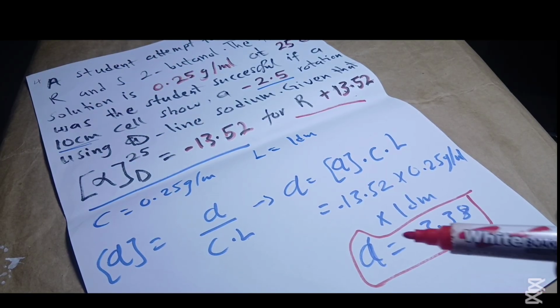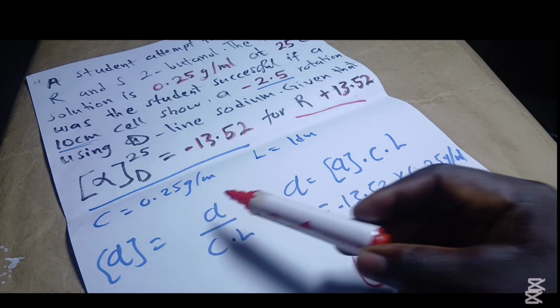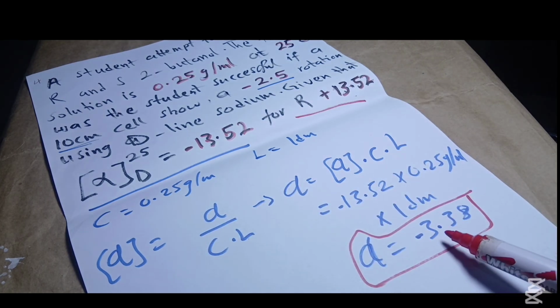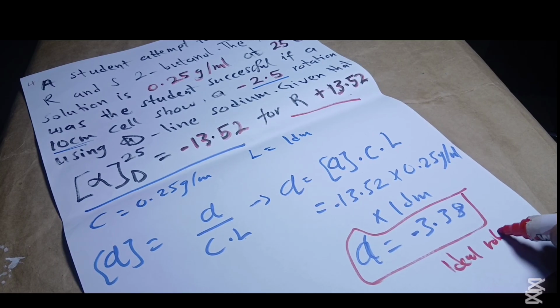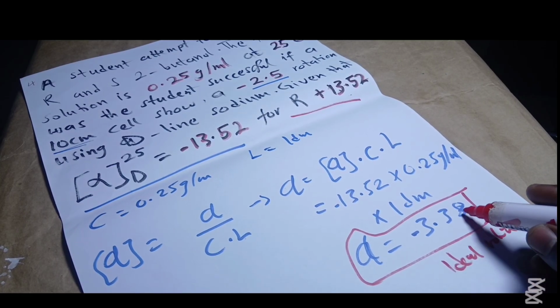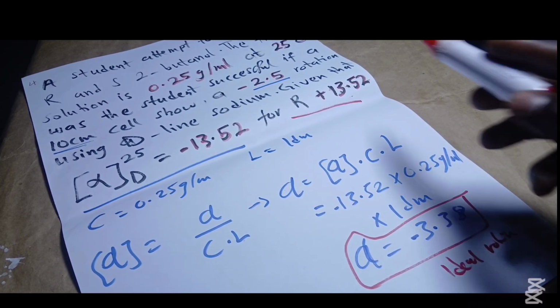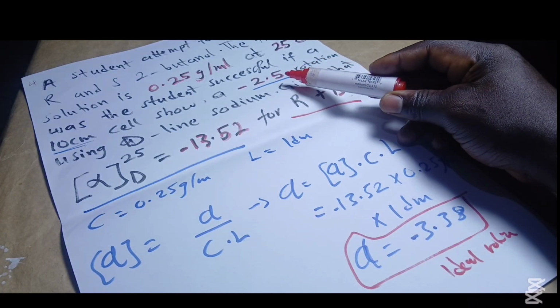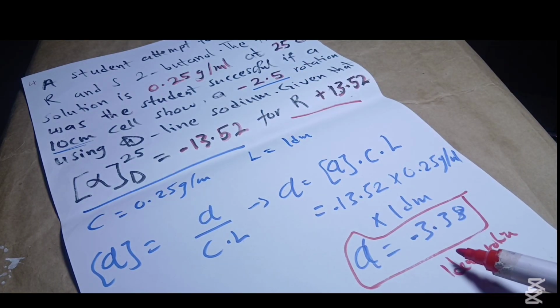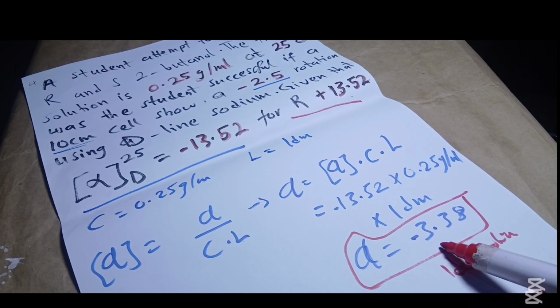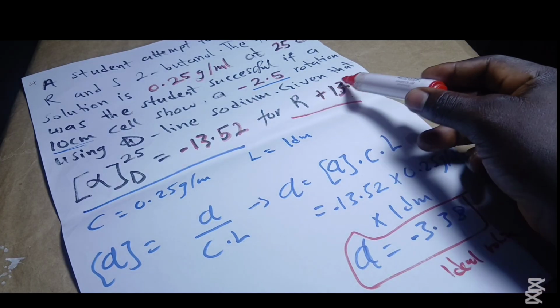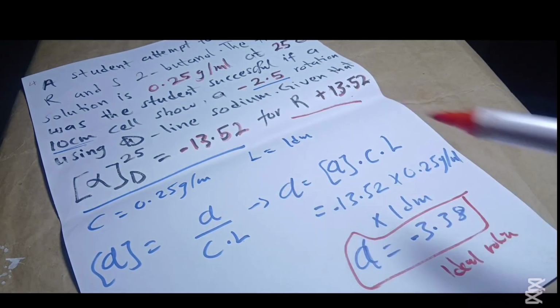So we have to calculate the observed rotation, and the ideal observed rotation is minus 3.38. But the student has his observed rotation to be minus 2.5, which means that the student should have gotten this observed rotation because he wants to separate totally the R enantiomer from the S enantiomer.